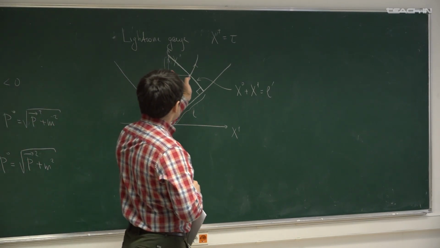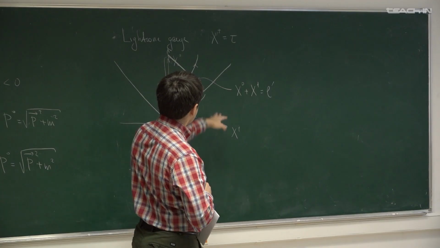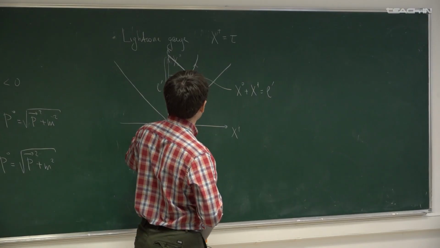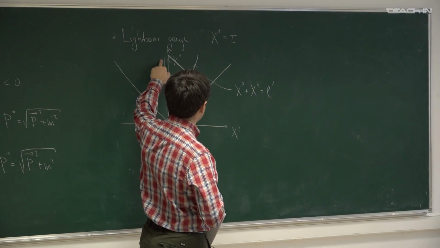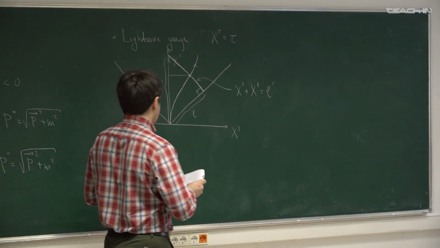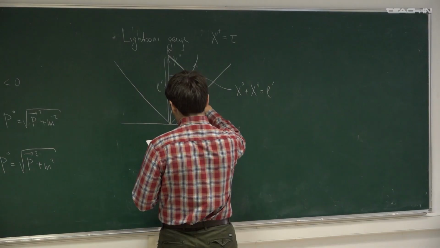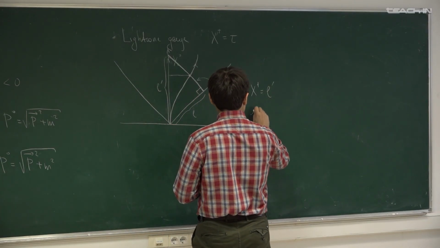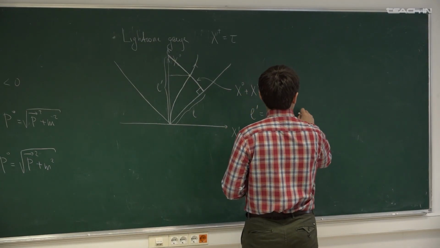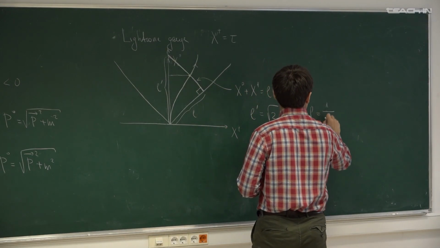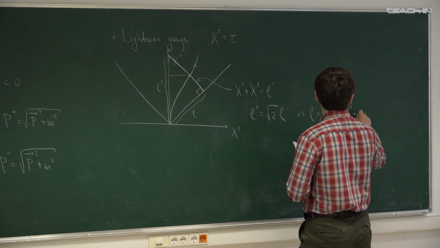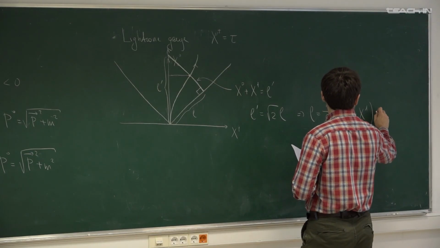So it's a curve with a 45-degree angle, and when x1 is 0, then x0 is L prime, right? So the intercept is L prime, and so there's an equilateral triangle. So L prime is square root of 2 L. So L is 1 over square root of 2 L prime, so x0 plus x1. So this is x plus.